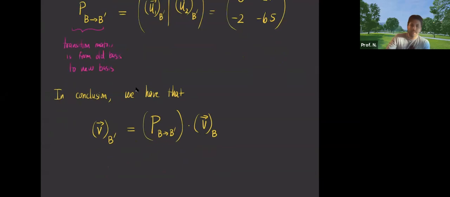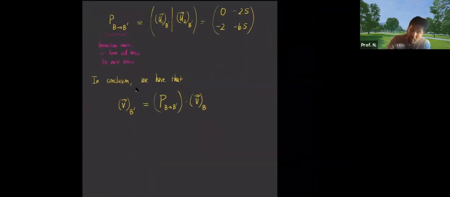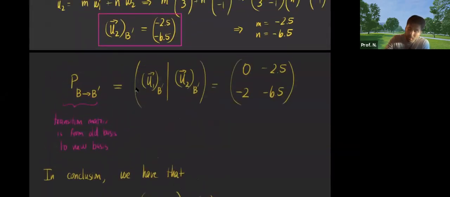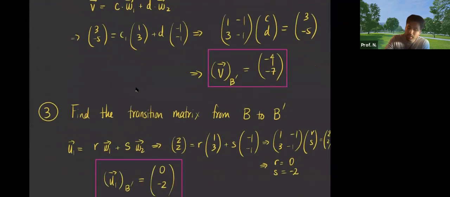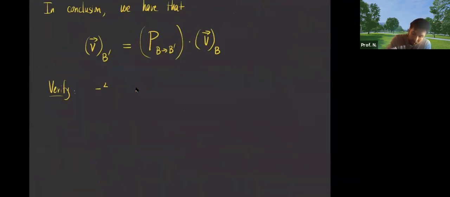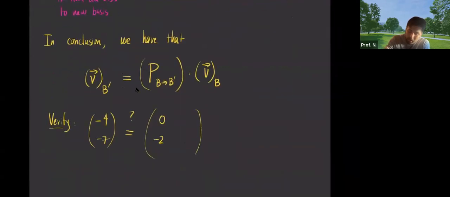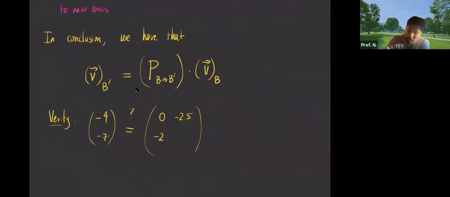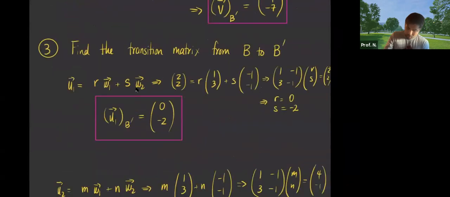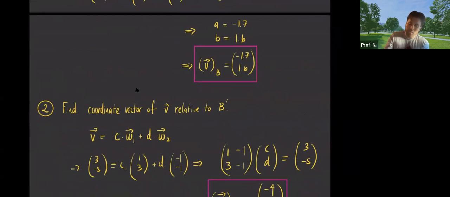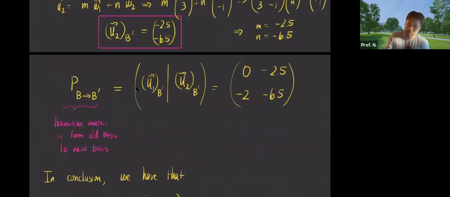And I want to just verify that. How do we verify this? Well, what was the coordinate vector with respect to the new basis? It's (-4, -7). So is this equal to the transition matrix, which is 0, -2, -2.5, and -6.5, multiplied by the coordinate vector relative to the old basis, so (-1.7, 1.6)?